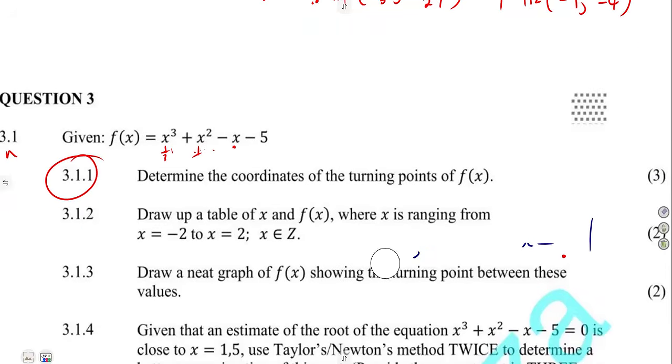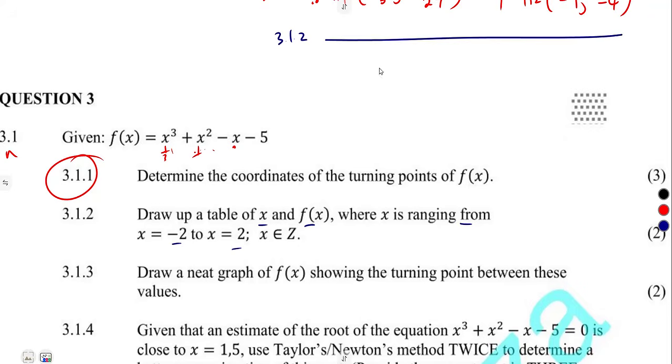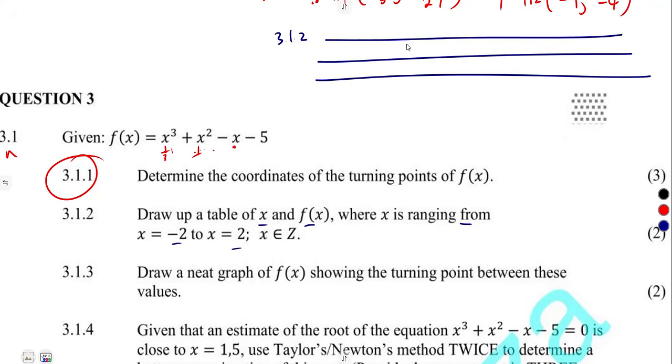And another one was to draw up the table of x and f of x, where x is ranging from -2 to 2. So that's our 3.12, which simply needs x from -2 up to 2, where we're going to obtain the integers -2, -1, 0, 1, up to 2.